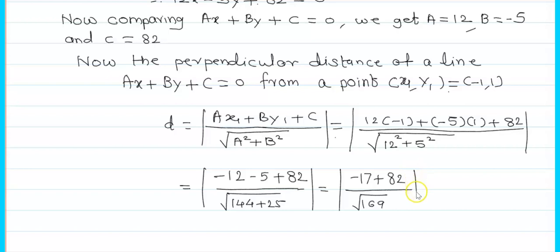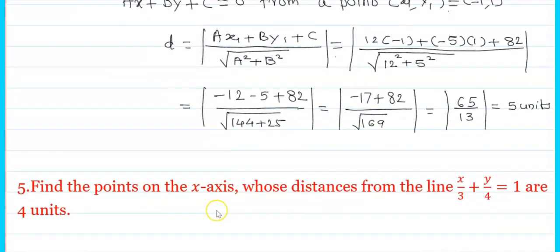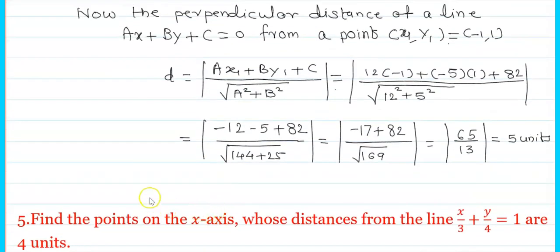Okay, and their subtraction is in mod of 82 minus 17, then here you will get 65, and root of 169 is 13. Okay, and overall here you will get 5 units. If you divide 65 by 13, you will get 5.